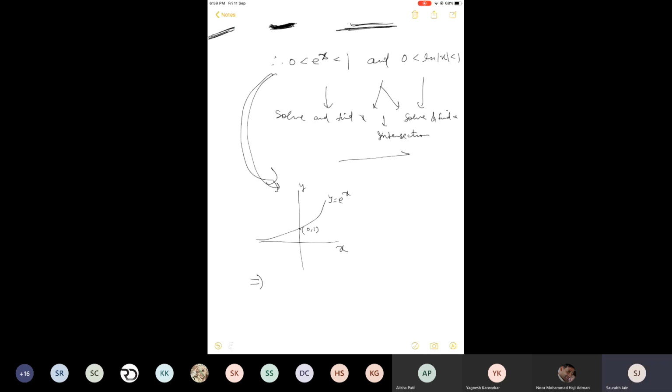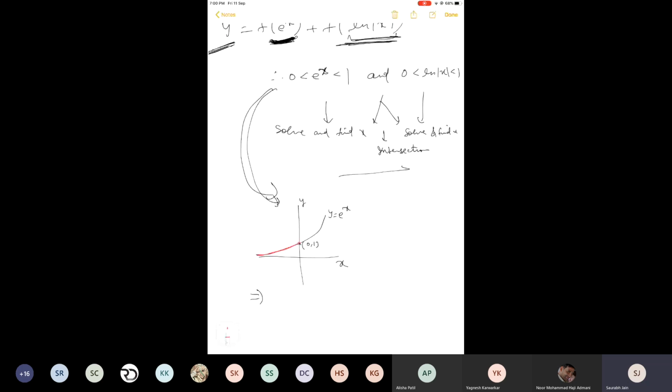It is not actually open in the actual diagram. It is open because e to the power x means it is like height or the range. So the height is from 0 to 1. But for what x? For that you will have to move horizontally along the x-axis, for which you will get this interval of e to the power x that is greater than 0 and less than 1, which is this red portion. So actually y is given and you are asked about x.